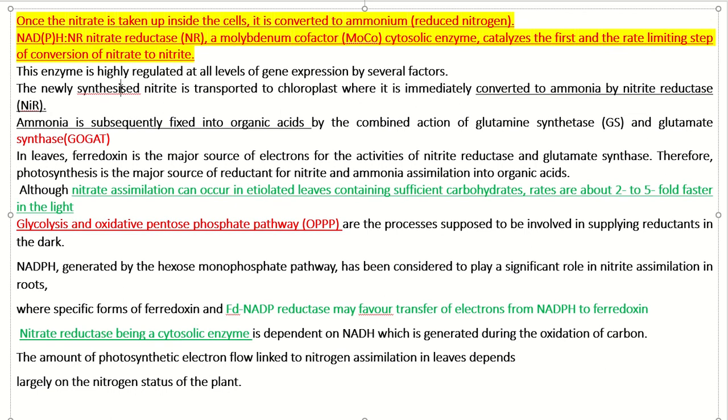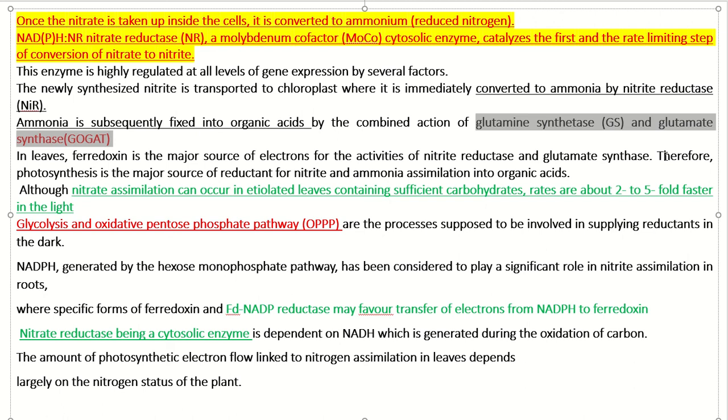You have to remember these words: newly synthesized nitrite is transported to the chloroplast, where it is converted to ammonia by nitrite reductase, and ammonia is subsequently fixed into the organic acid 2-oxoglutarate by the combination of these two enzymes, glutamate synthase and glutamine synthase. Glutamine means GS and glutamate means GOGAT.